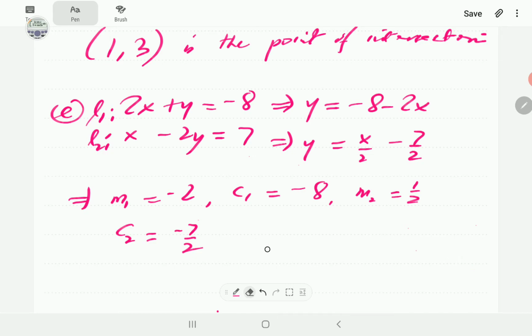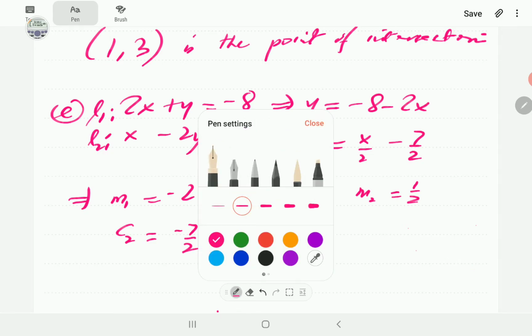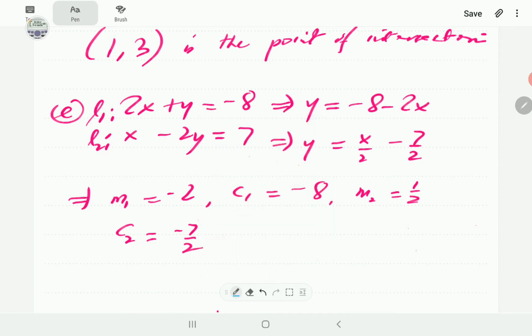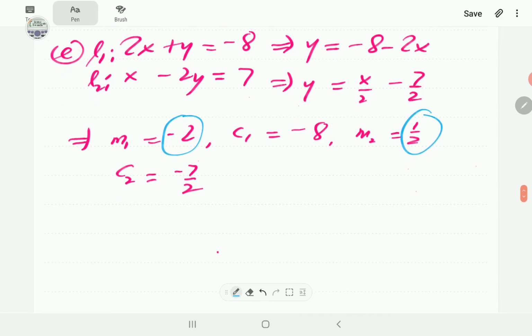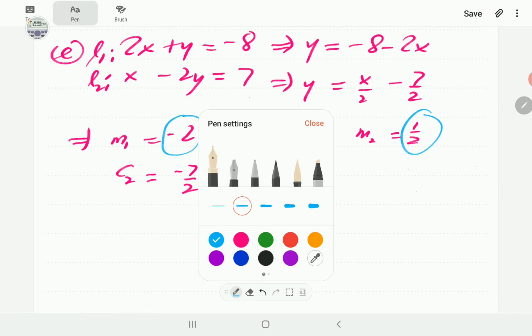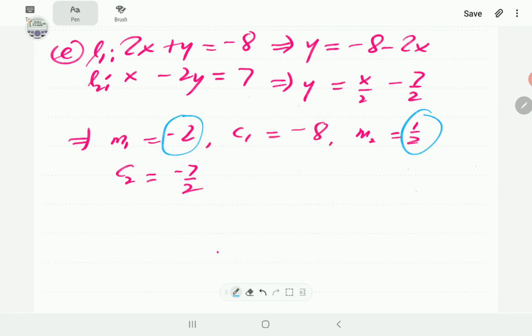So again, just a simple comparison of the two gradients. This is one gradient, this is the other. They are not equal, so the two lines are definitely not parallel.